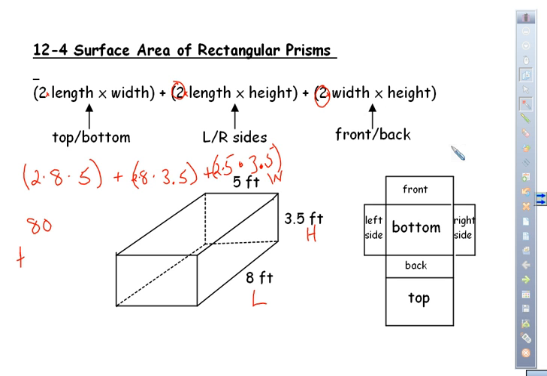So then you end up with 2 times 8, which is 16, times 3 5/10, is going to give me 56. And then we have 2 times 5, which is 10, times 3.5, which is going to give me 35.